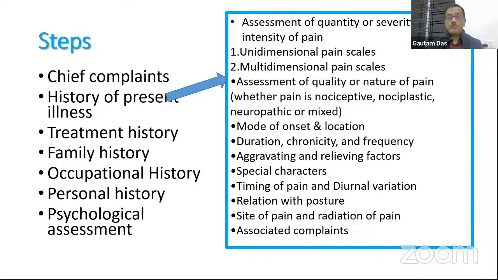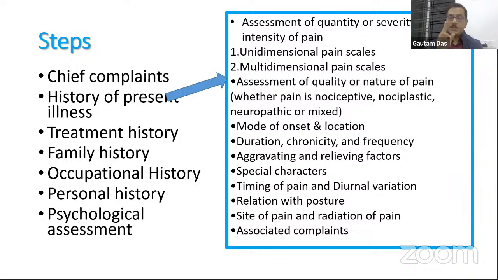After the general history and the special history, your examination starts with general examination. Then inspection, then palpation, then range of movement. Basically the musculoskeletal system and the nervous system together are your pain, meaning the examination of the patient with pain.